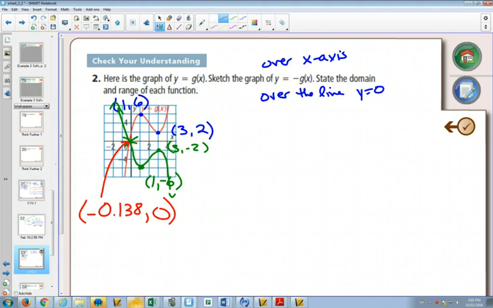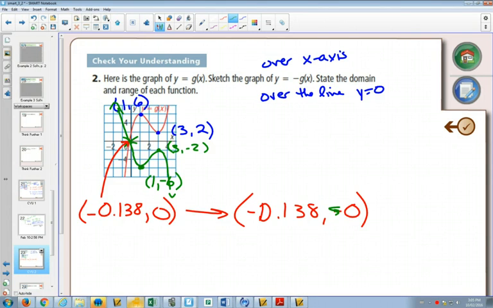Really, the x doesn't matter. Now, when we flip it over the x-axis, what value is changing? We're multiplying our y-coordinate by a negative. So when we do that, the x will not change, so we'll still have a negative 0.138. And now our 0 becomes negative, which doesn't do anything. It stays 0. You wouldn't actually write a negative 0 there. It's just 0. So that's the point that's going to stay the same.